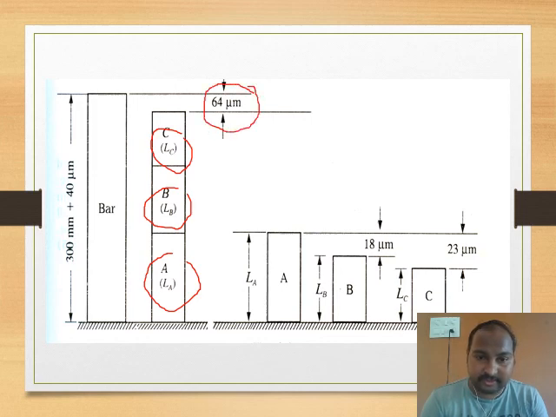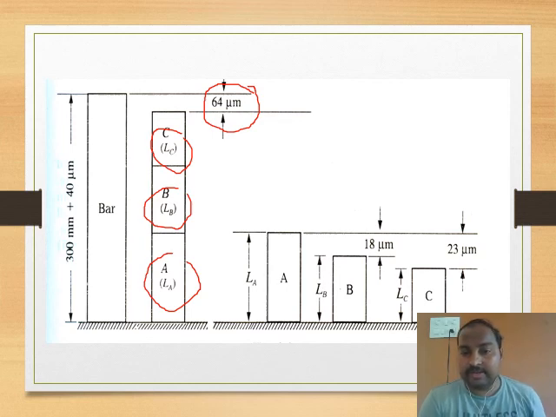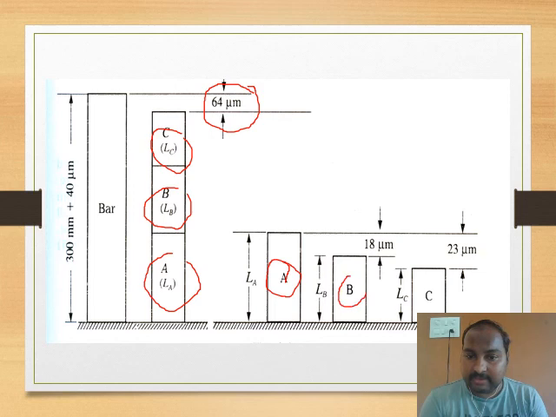This is X1. Let me call the next equation. There it was only two bars, so I got only equation 1 and equation 2. Here I am getting three equations. I am comparing LA with LB. The given problem says LB is shorter by 18 microns. This is X2. And let me call the other equation LA with LC.